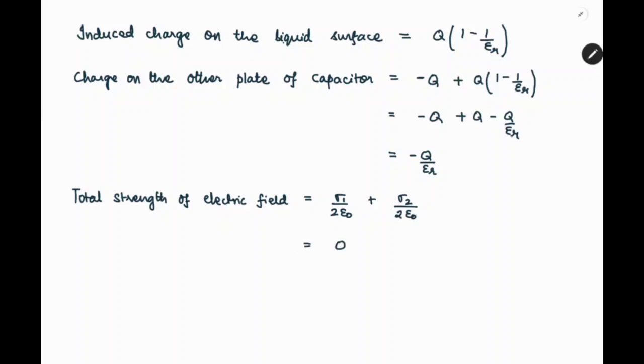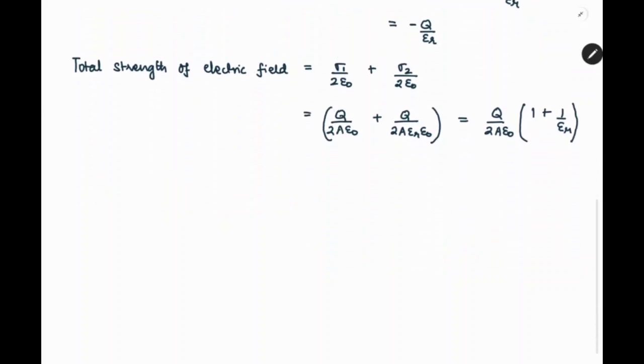Hence we can say that it is equal to Q by 2A epsilon naught, and then we write another one as Q upon 2A epsilon_r epsilon naught. So this is the total value of electric field which the induced charge on the surface is going to experience. So Q upon 2A epsilon naught (1 + 1/epsilon_r) is the total value of electric field strength.